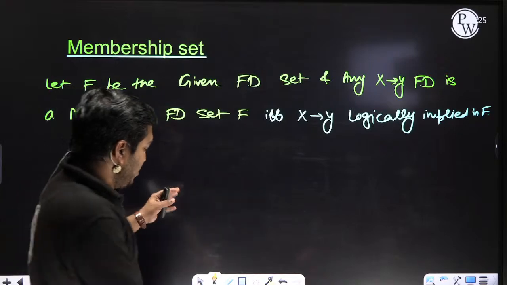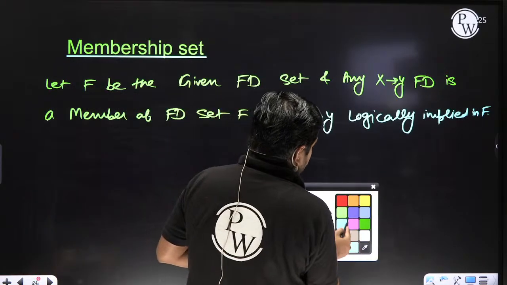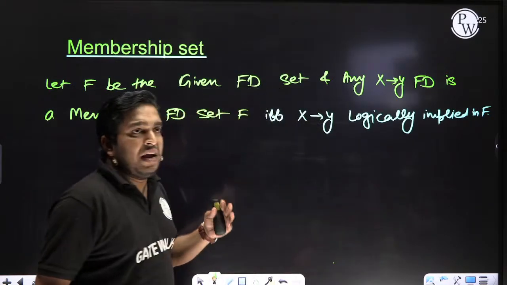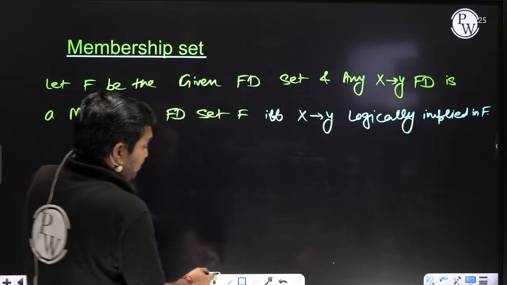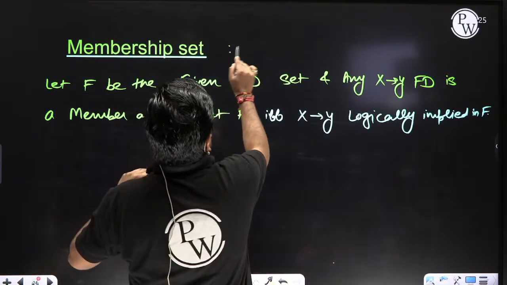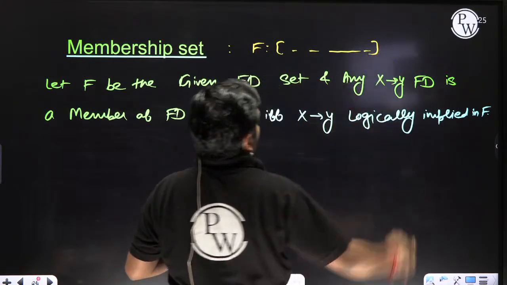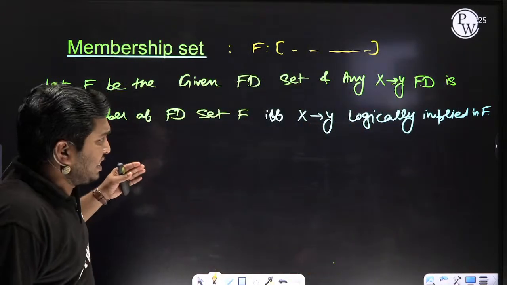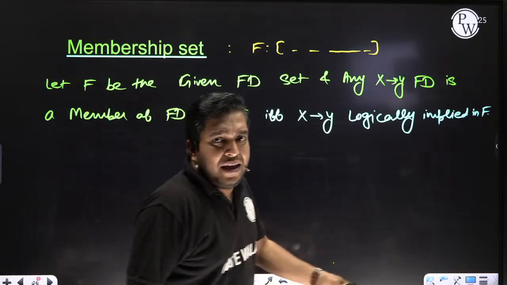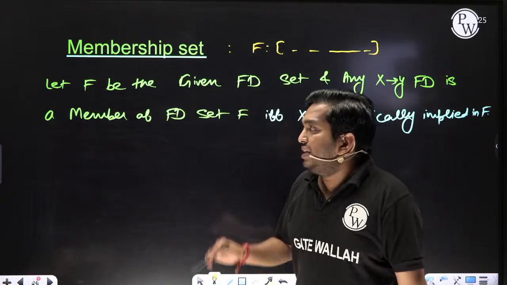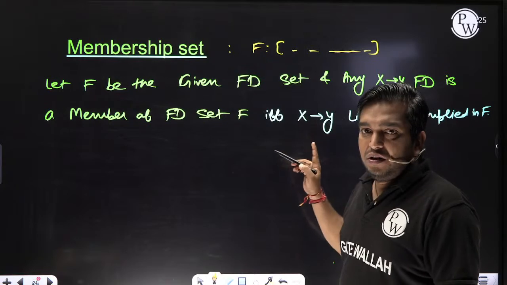If an FD set F is given and asking whether X tends to Y is a member of FD set F or not, what is the meaning?